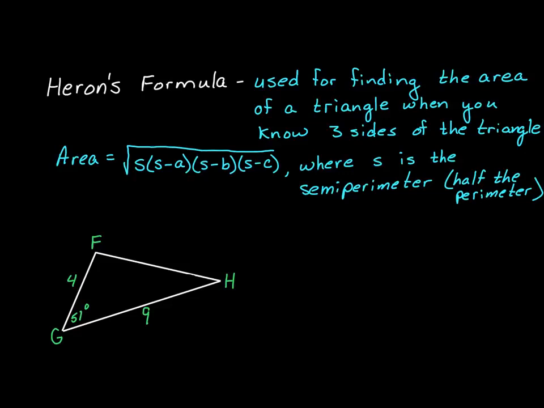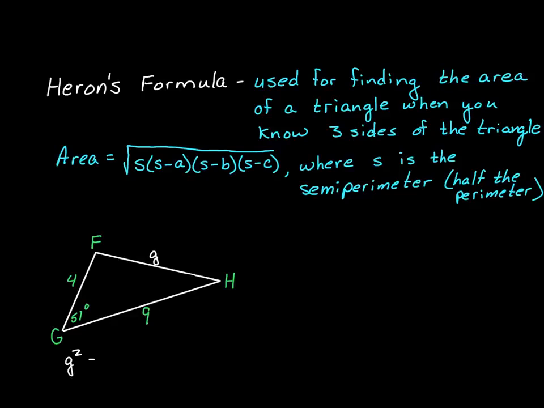All right, so let's take a look at this problem right here. We need to find the length of the third side, and we can do that using our law of cosines. And so if I put an x here, or actually let me go ahead and use g for this.